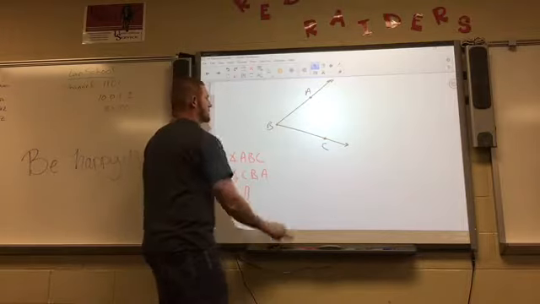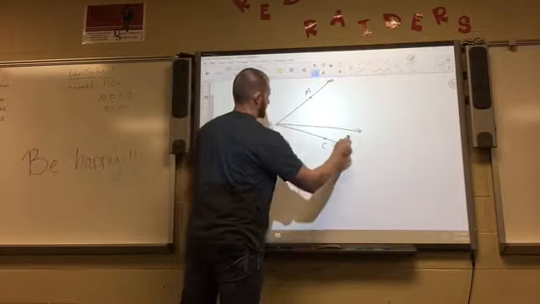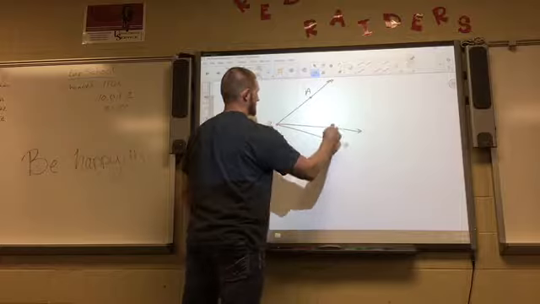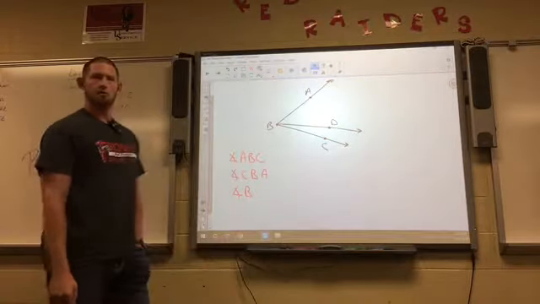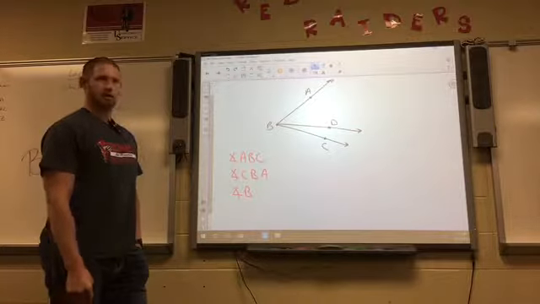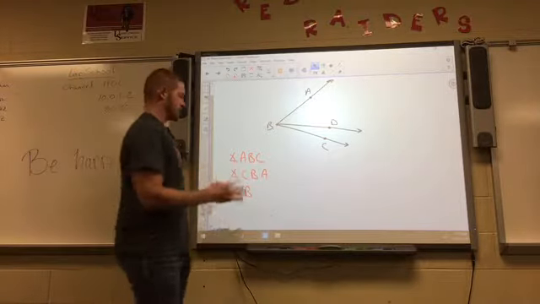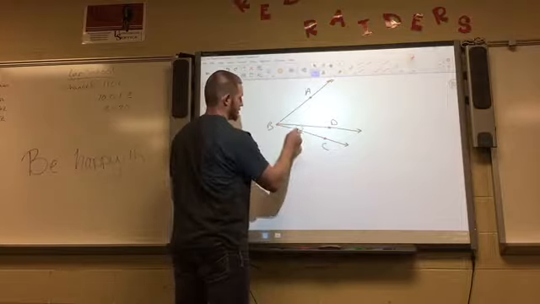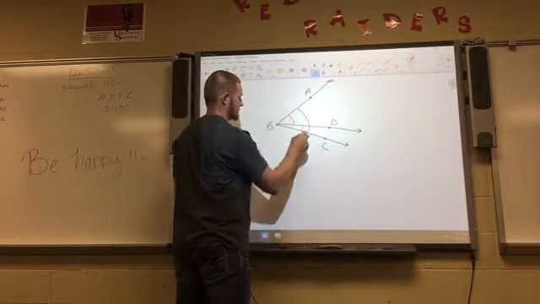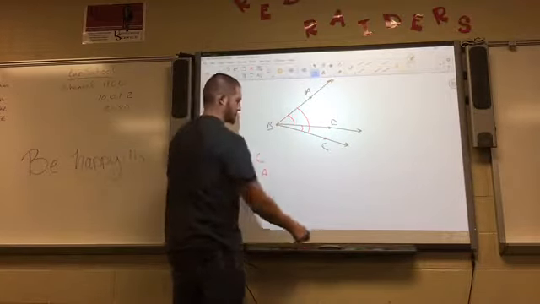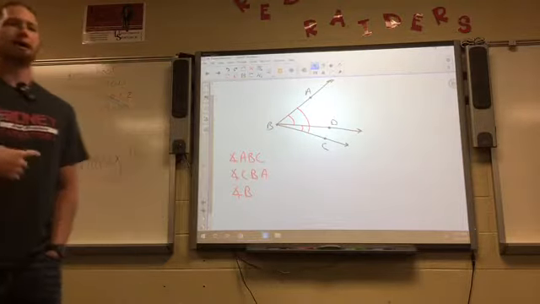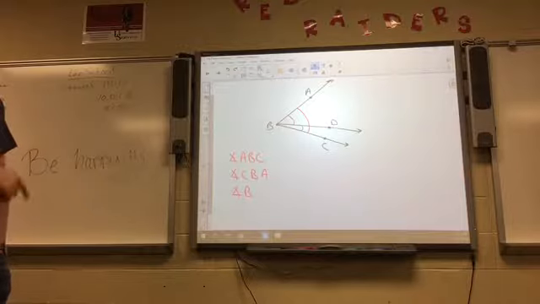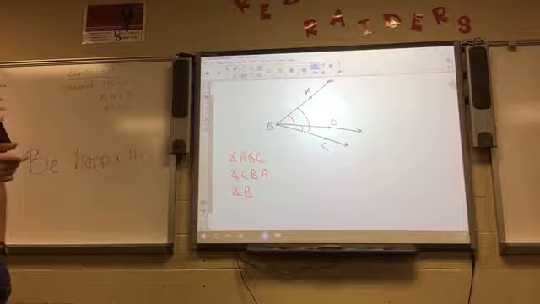If I were to do this, now how many angles are there? Two. And there's actually kind of a hidden one. There's actually three. There's one here, and then you still have that big one. That big one is probably the one you guys didn't see. So there's actually three. Now I can't call that angle B anymore because if I say angle B, nobody's going to know which of the three I'm talking about.